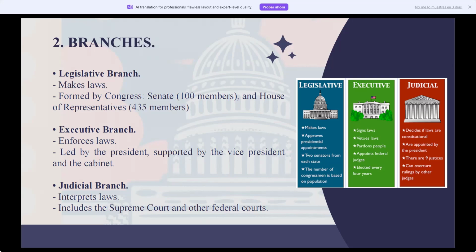The executive signs laws, vetoes laws, pardons people, appoints federal judges, elected every 4 years. And the last one, the judicial, decides if laws are constitutional, appointed by the president. Justices can overturn rulings by other judges. Next teacher, please.